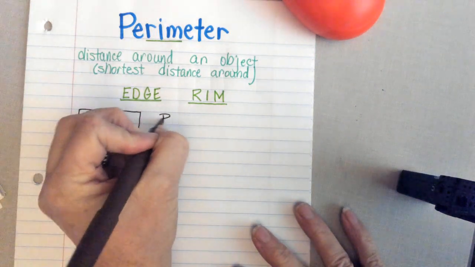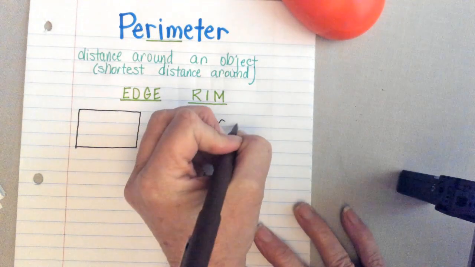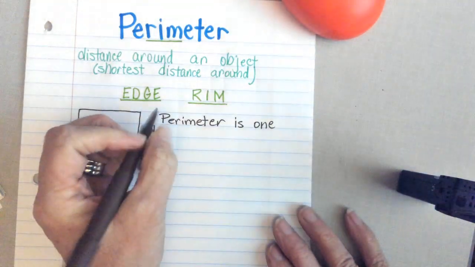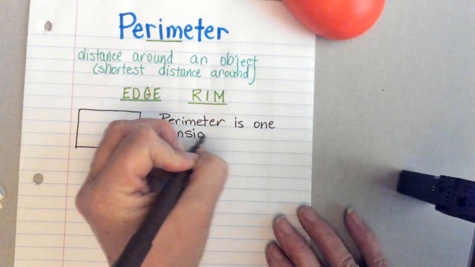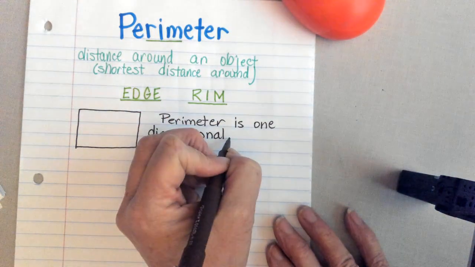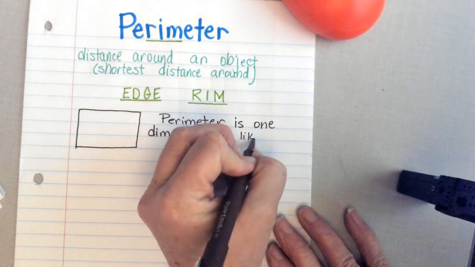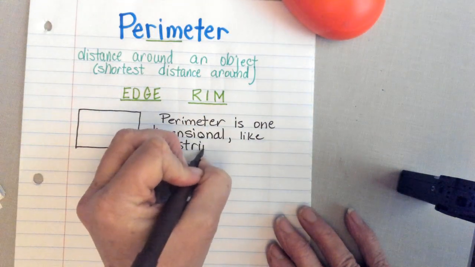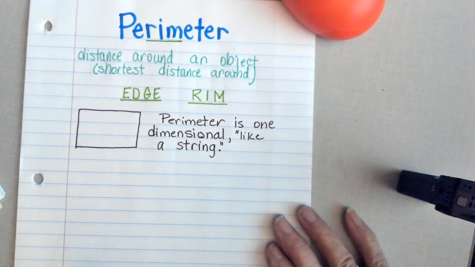So perimeter is one-dimensional. Like a string.